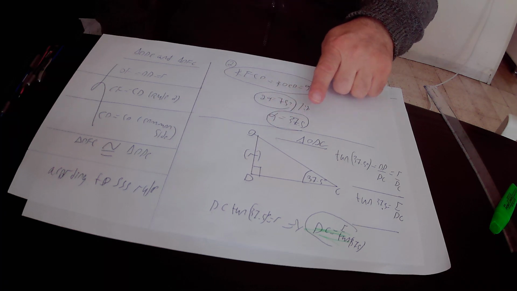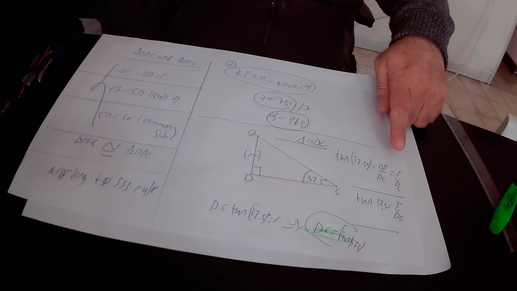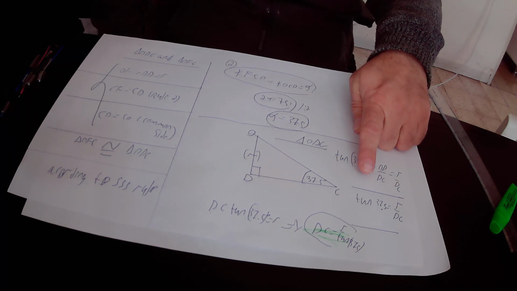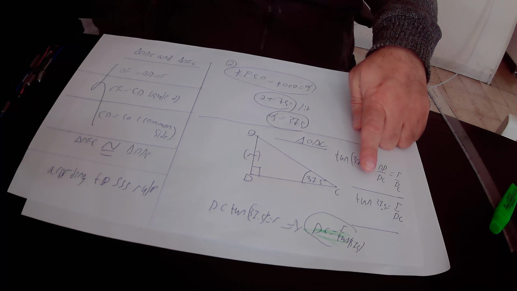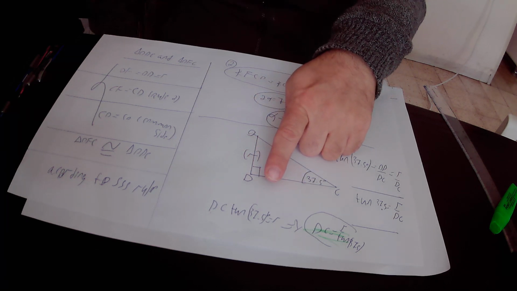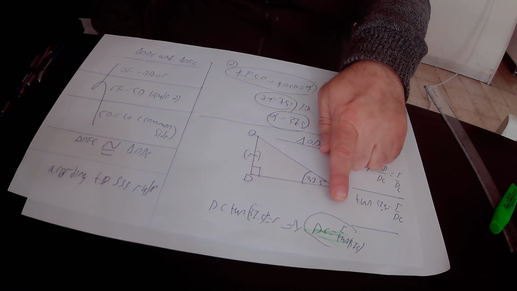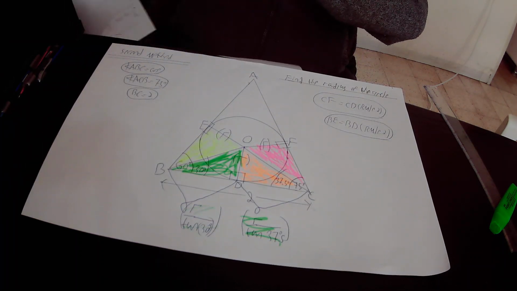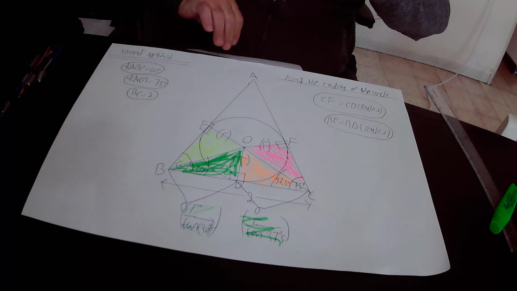OD is R, so tan 37.5 degrees equals R over DC. We multiplied this equation by DC and found that DC times tan 37.5 degrees equals R. We divided this equation by tan 37.5 degrees and finally found that DC equals R over tan 37.5 degrees. Here, this line segment DC equals R over tan 37.5 degrees.